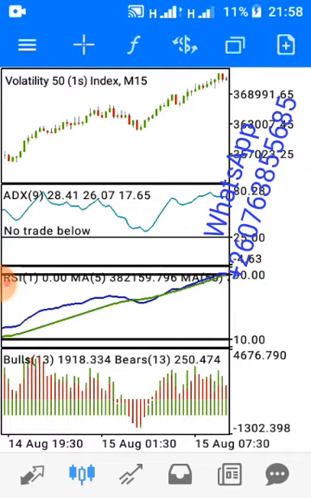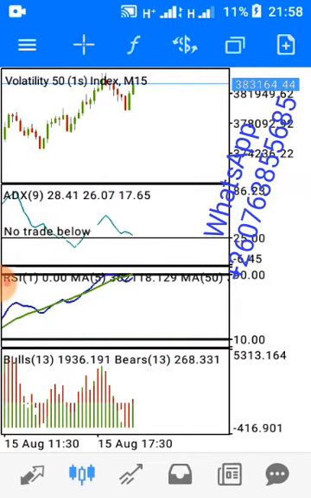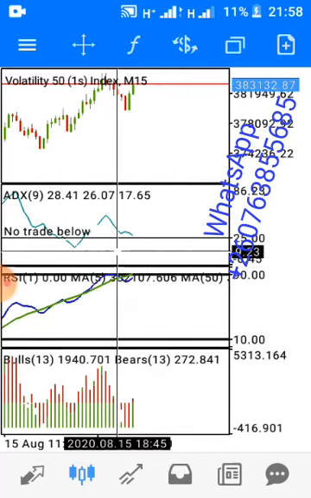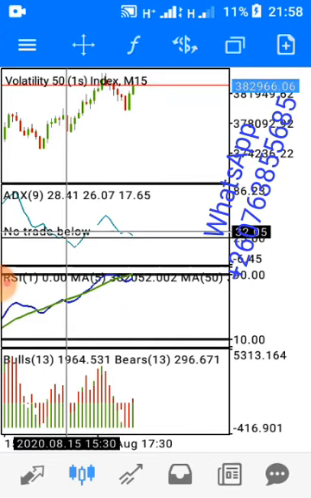So how to take a trade? Now I want you to follow this closely. Whenever you're about to take a trade, you have to make sure your ADX is above 25. Whether you are selling or buying, your ADX should be above 25. If it goes below 25, like it did here, it's because the market is having a consolidation at the same price.